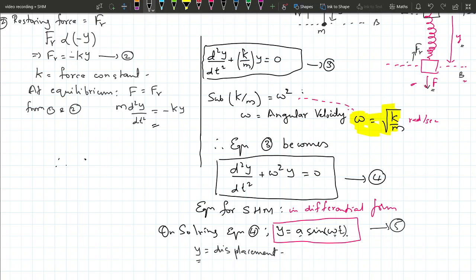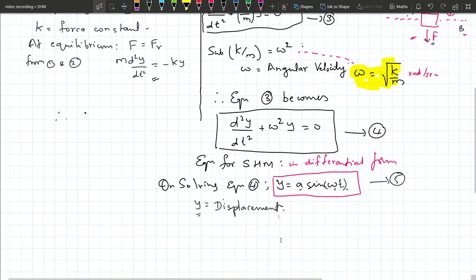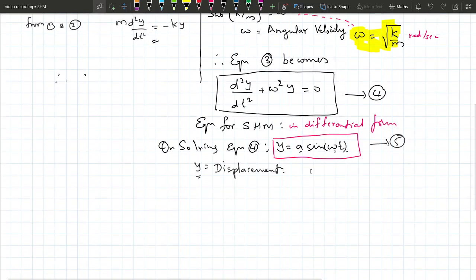Now here I have left out some important discussion. This is the equation that you get for simple harmonic motion, a very important derivation. This is the equation in differential form, keep in mind.